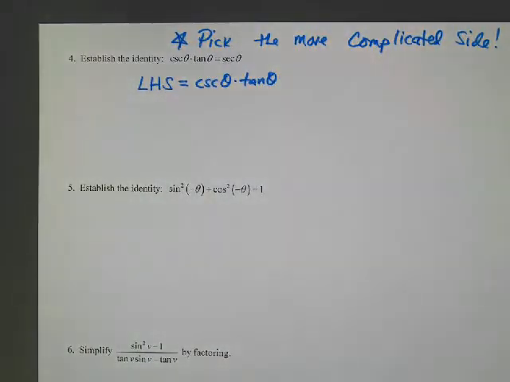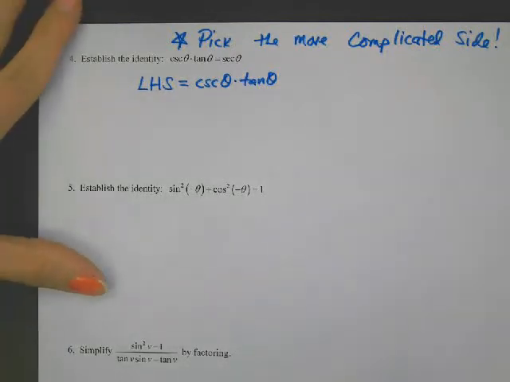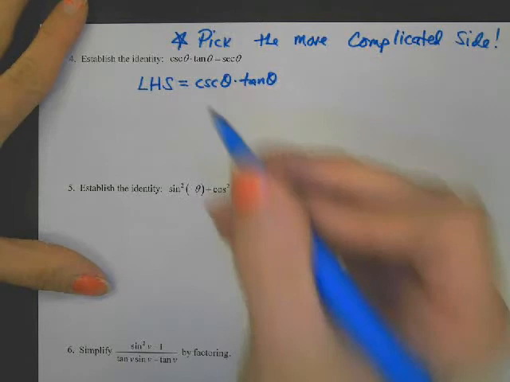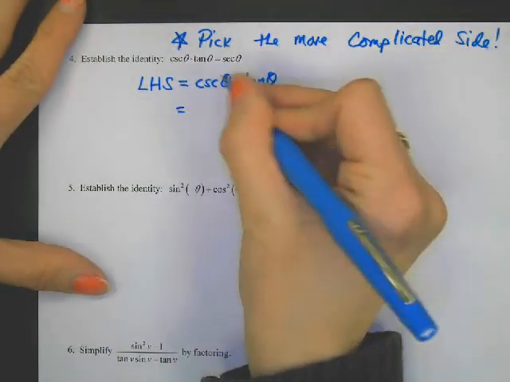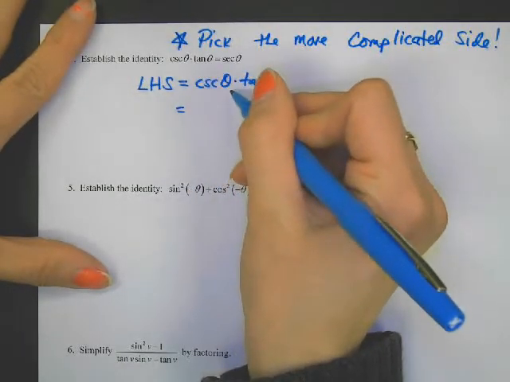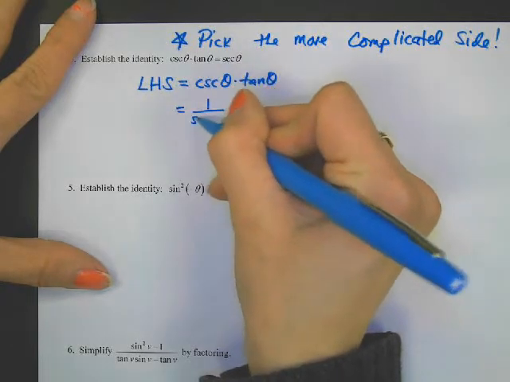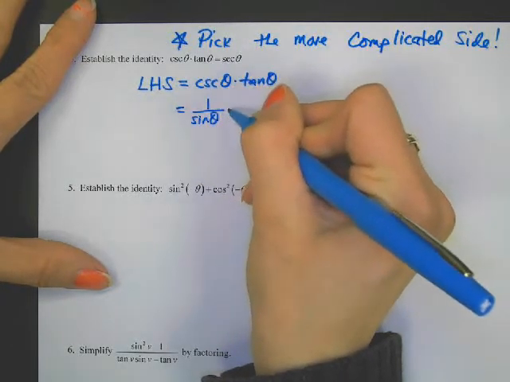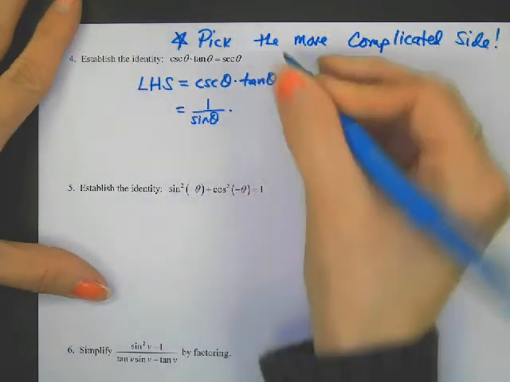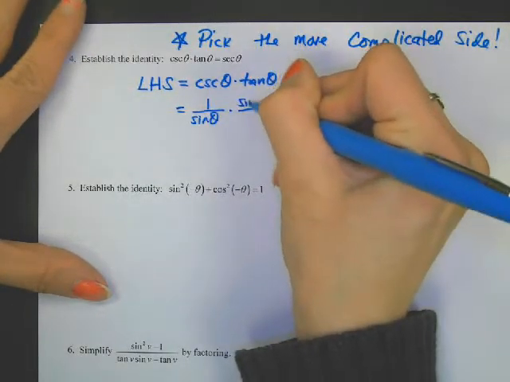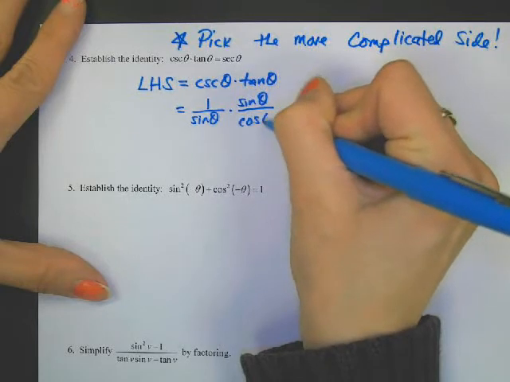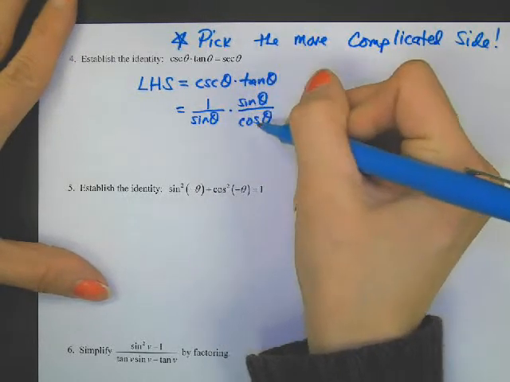Okay, we need to come up with an idea here. Nothing is squared, so let's not think about those Pythagorean identities. But maybe I could think of another way to write cosecant. Cosecant is 1 over sine of theta. And maybe I can write tangent another way. This is the technique where you're writing everything in terms of sines and cosines.